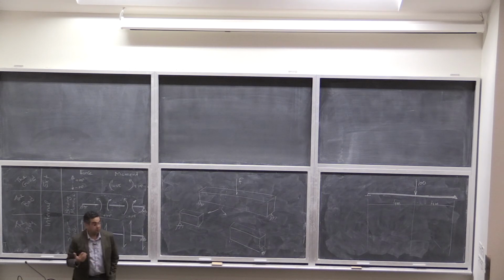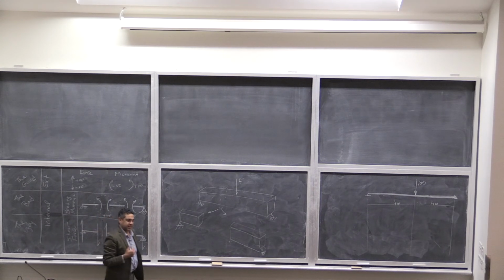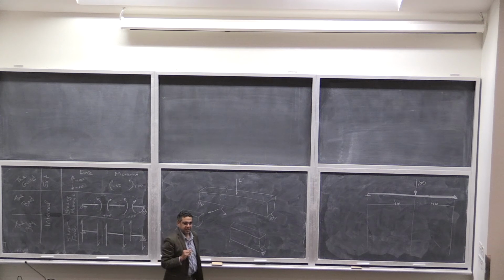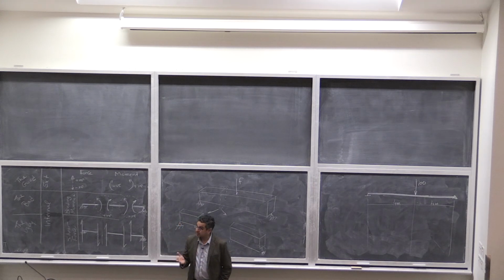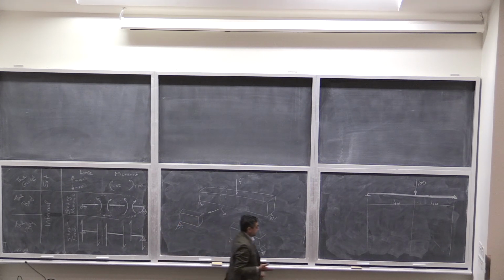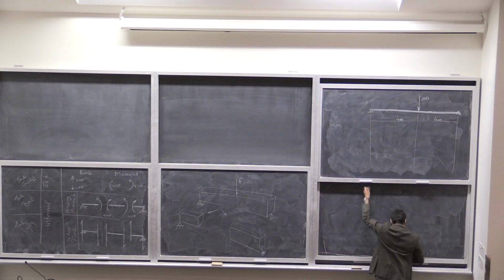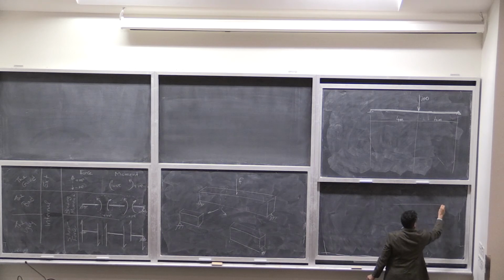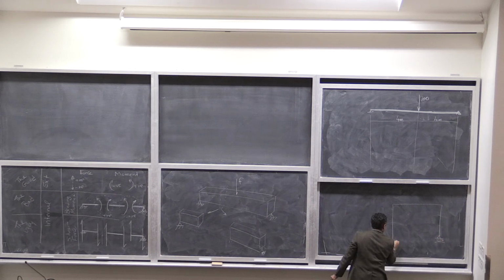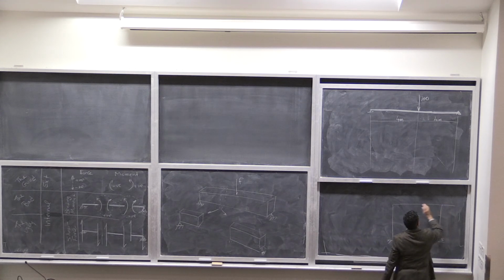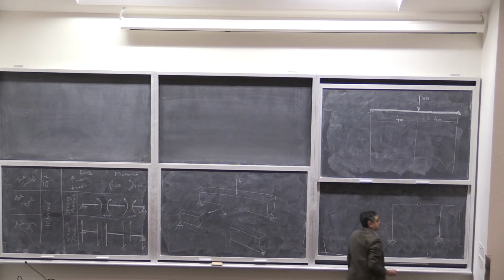This relates to something that we discussed very shortly. What happens when you cut through a structure? We said if you cut, remember this example. And there was a hinge here.